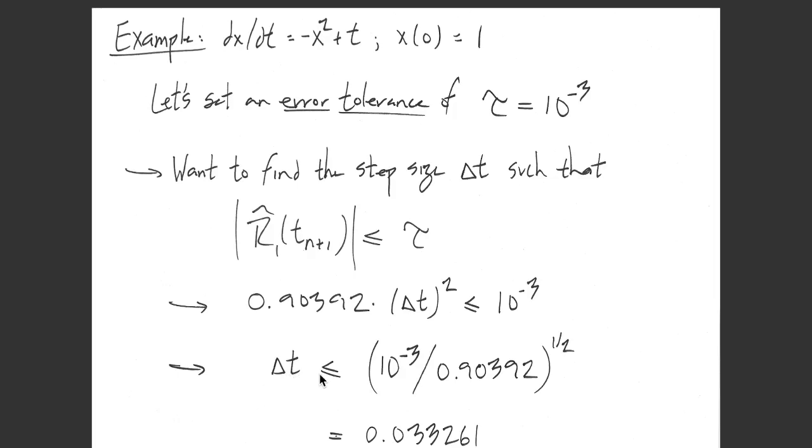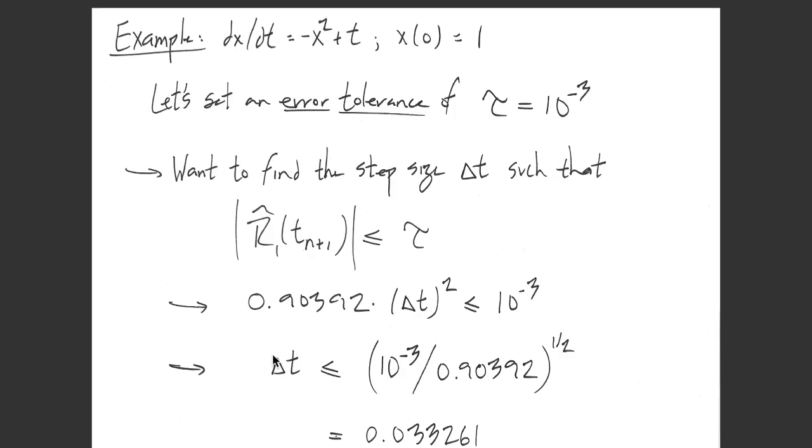We find that delta t is less than or equal to about 0.033261. Of course, delta t also needs to be positive. So what we're saying is that any delta t value between 0 and 0.033261 is going to give me an estimated error that's less than 10 to the minus third, and that's what I want.